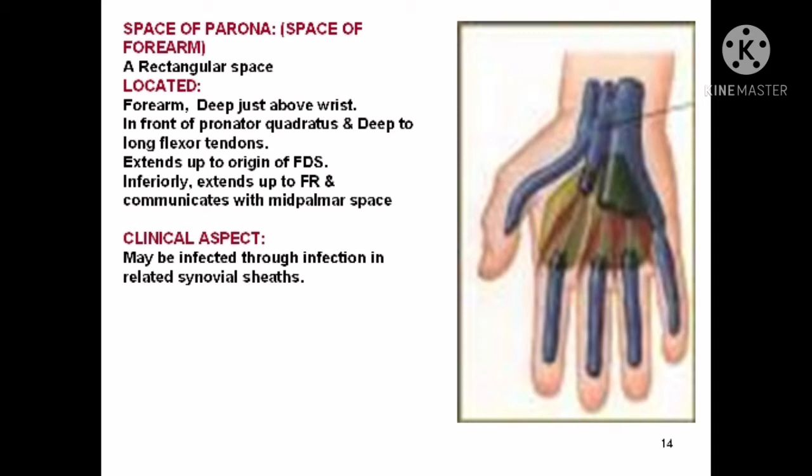It extends up to the origin of flexor digitorum superficialis. Superiorly and inferiorly, it extends up to the flexor retinaculum and communicates with the midpalmar space. Clinically, it may be infected through infection in the related synovial sheaths.